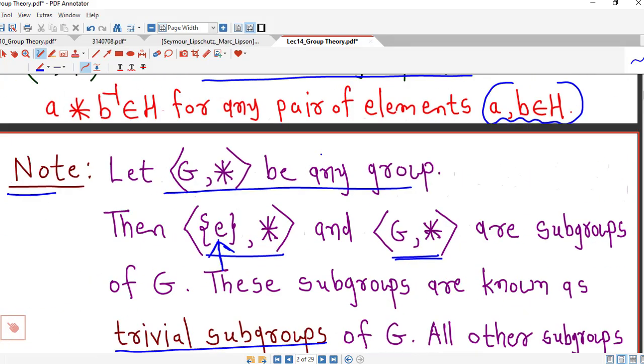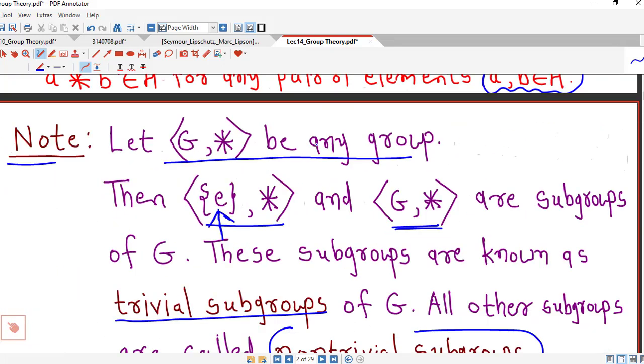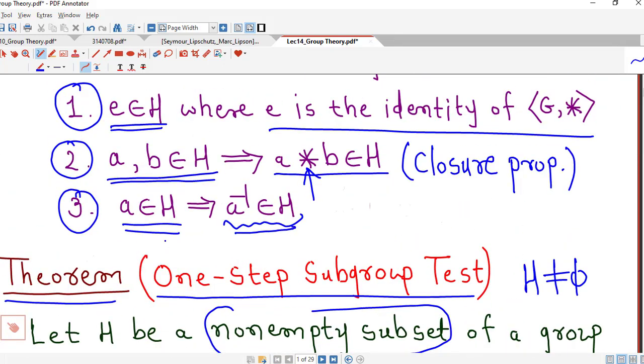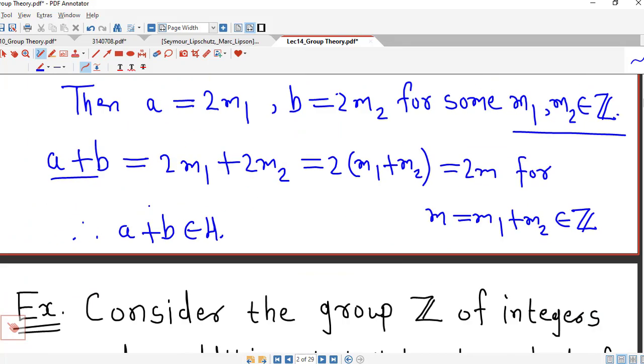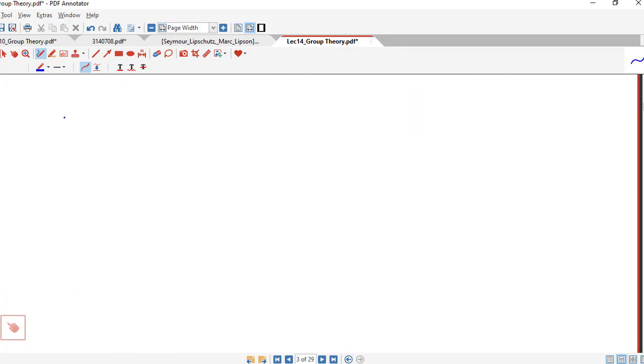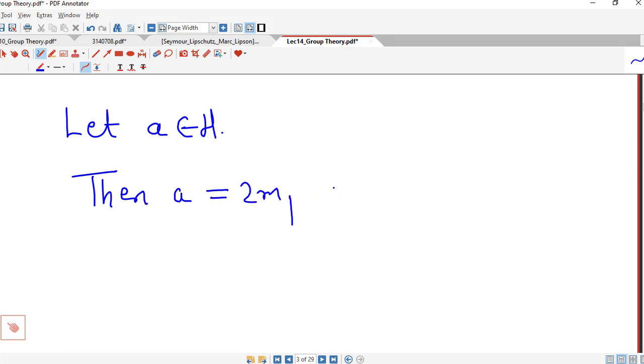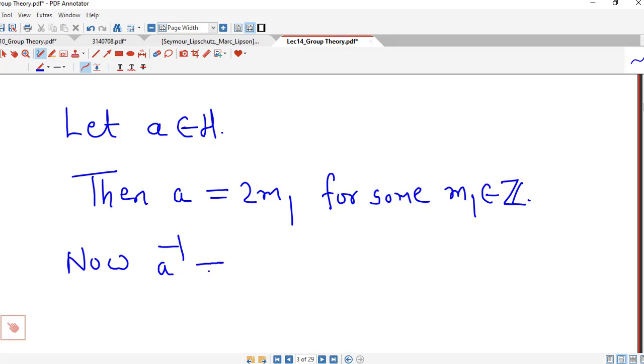And the third requirement is we have to show that the inverse is also in H. For any a belongs to H, a inverse must be in H. Let a belong to H, then a equals 2 into m1 for some m1 belongs to Z. Now a inverse is nothing but minus a.